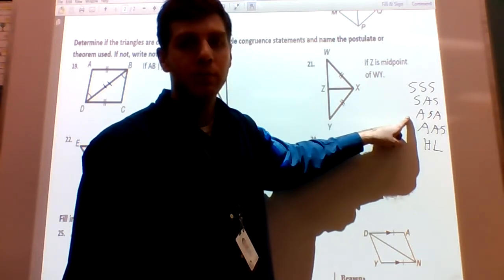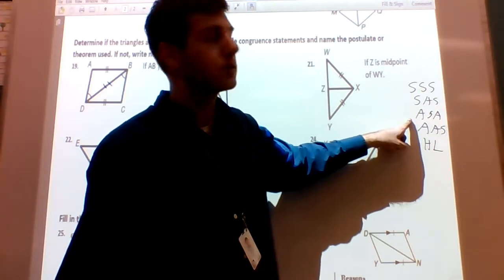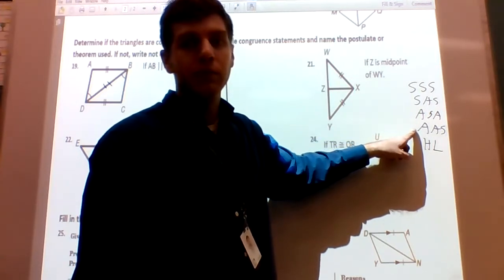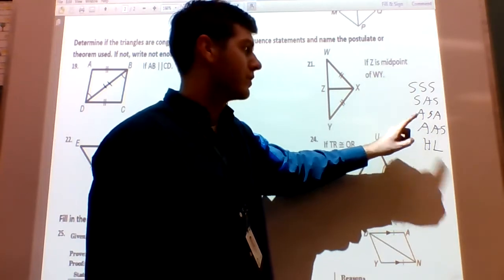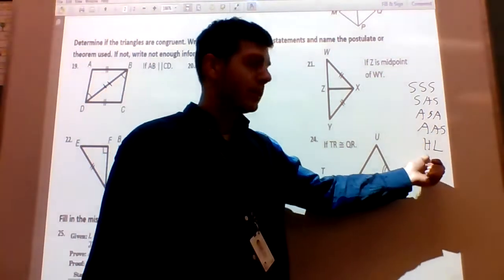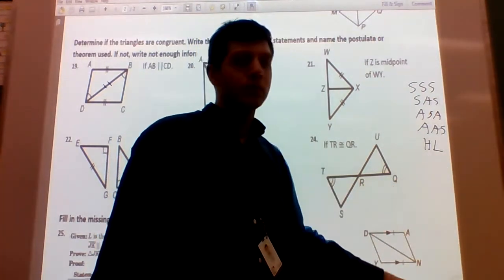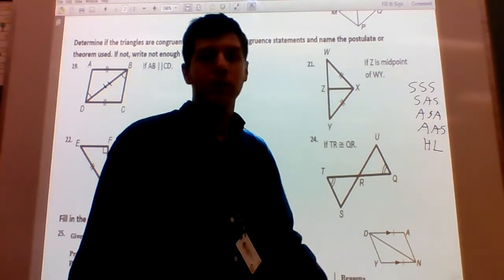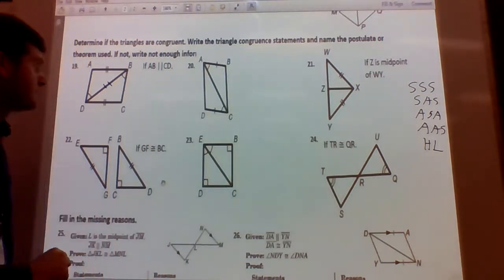If we have two corresponding angles that are congruent and the included side is congruent, then the triangles are congruent. If two corresponding angles are congruent and a non-included side is congruent, then the triangles are congruent. And hypotenuse leg says if we have right triangles and the hypotenuses are congruent and one pair of legs is congruent, then the triangles are congruent.